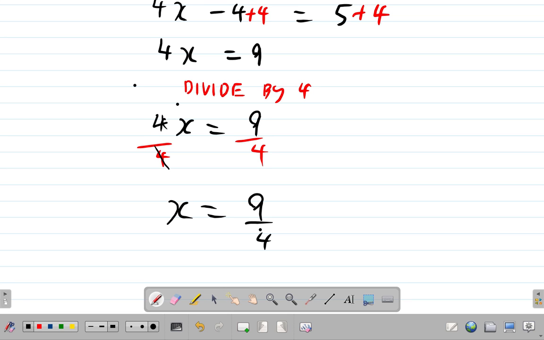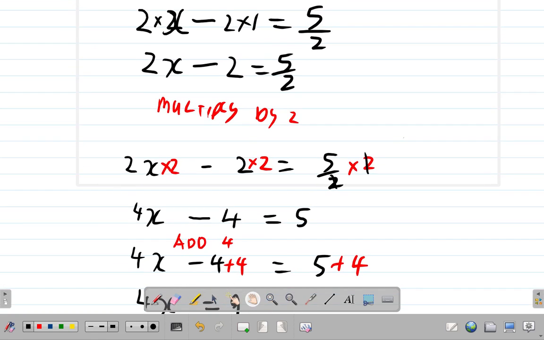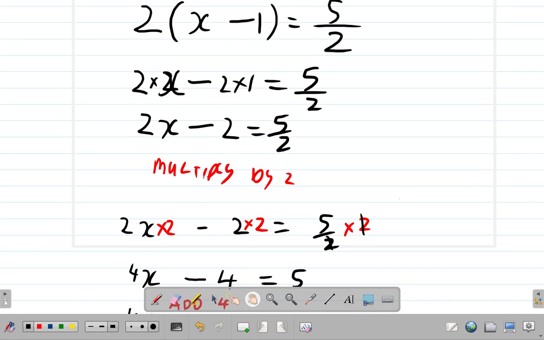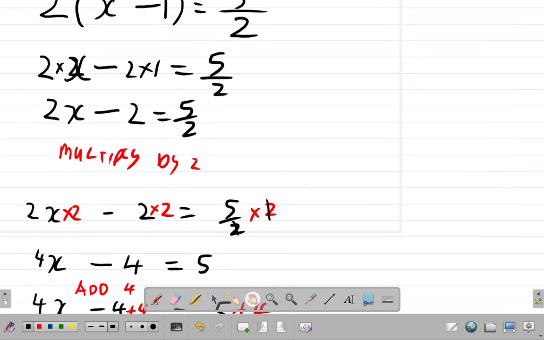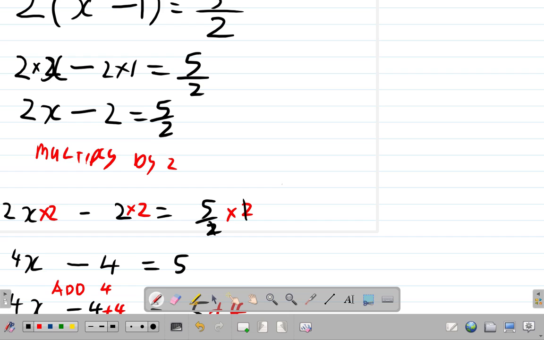Now let us look back at this. I multiplied by 2, but let's consider another way. Suppose I have 2x minus 2 equals 5 divided by 2.